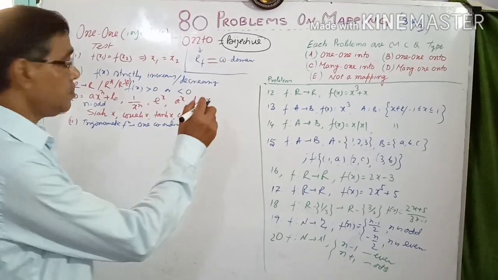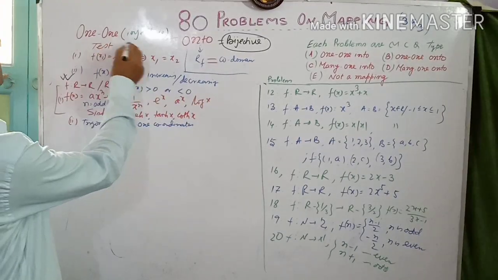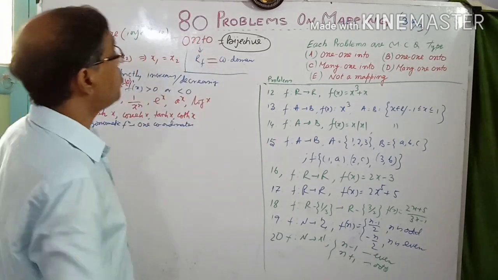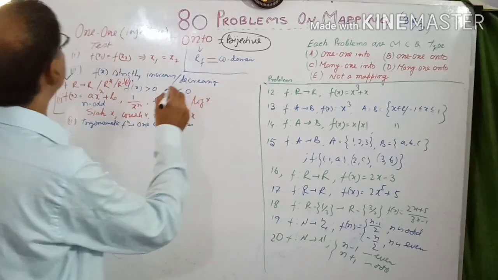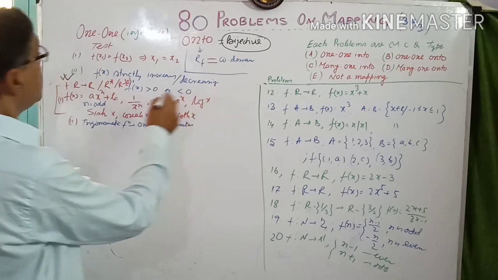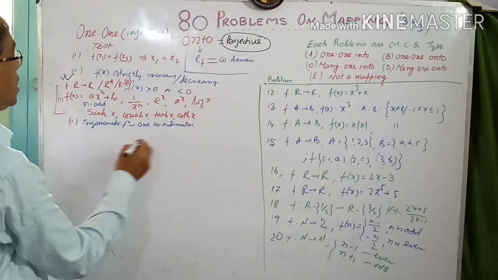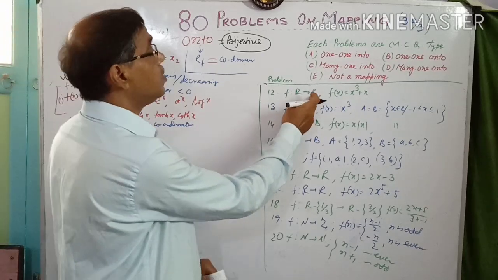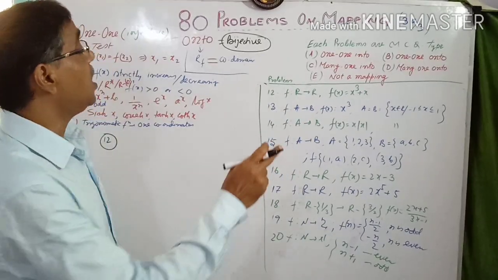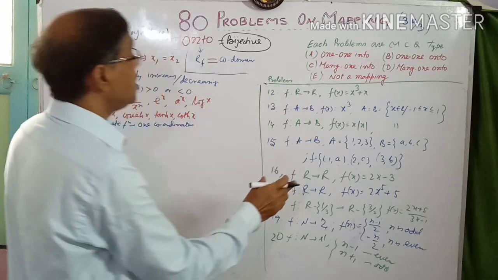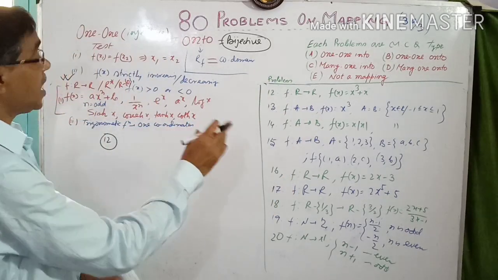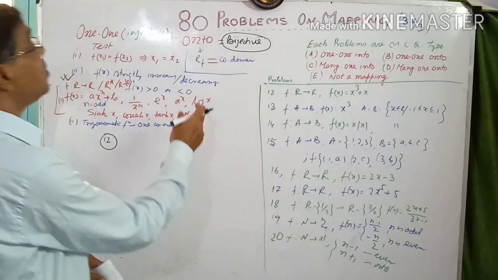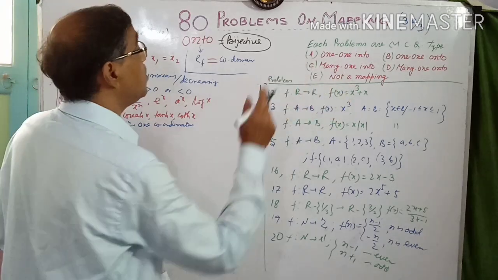Let us come to the 1-1 and onto problems, that is bijective problems. Here we discuss problem 12. For a known curve, if you draw the curve, you can easily, without writing, find the answer of this problem.